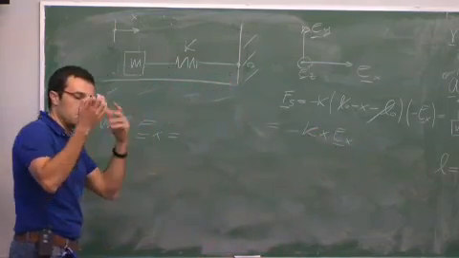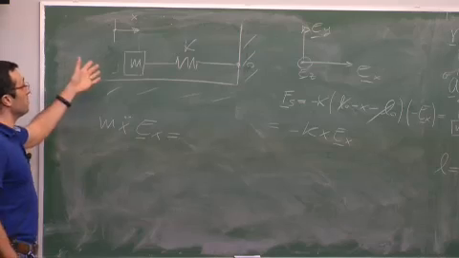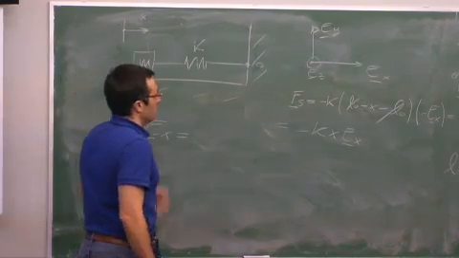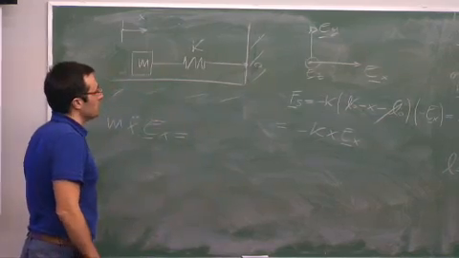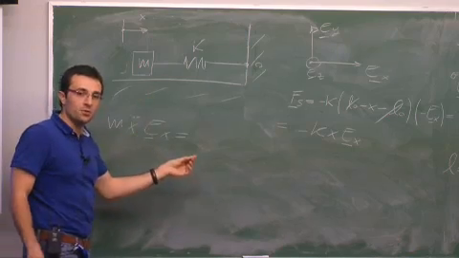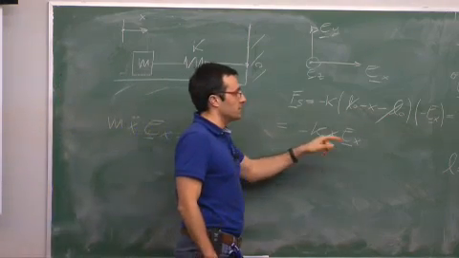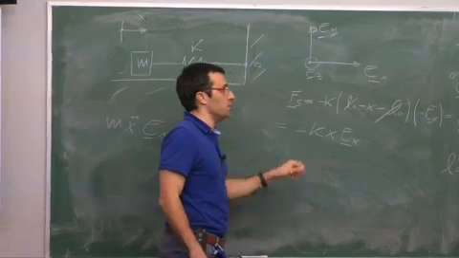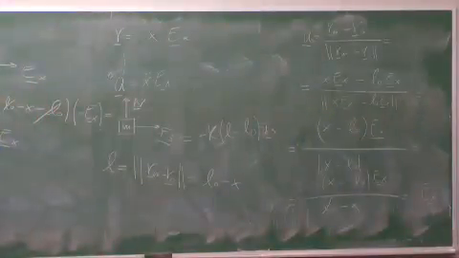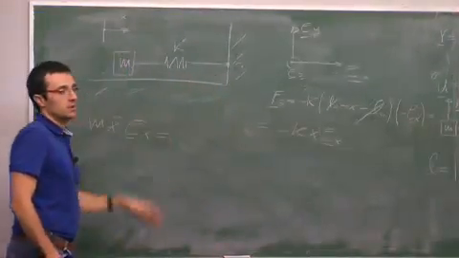Then you can start imagining all these cases if you want, which for a simple case like this is possible. For more complicated cases, it may not be that easy. When you have two masses involved, it becomes more difficult. But you don't do that before you find what the force of the spring is. You find what the force of the spring is by going by the definition, then you can do your exercise if you want.